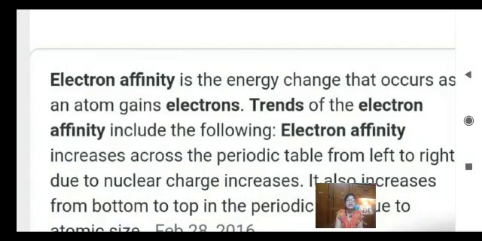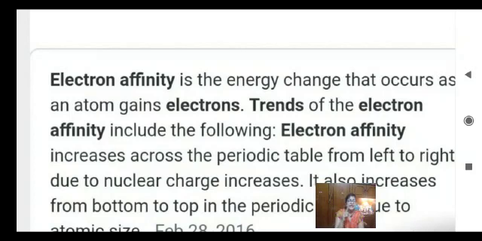Ionization energy is the amount of energy required to release one electron from the outermost orbit of an isolated gaseous atom. So it is the amount of energy absorbed, and the electron at the outermost orbit is released.